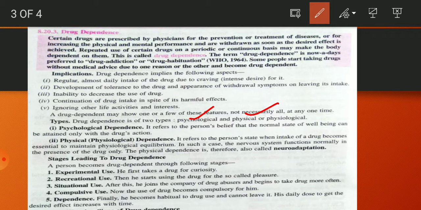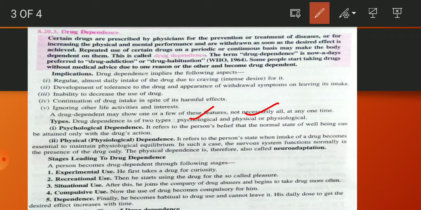In such cases, the nervous system functions normally in the presence of the drug only. Physical dependence is therefore called neuroadaptation, which means adaptation by the neurons.